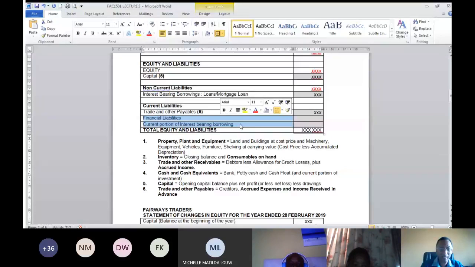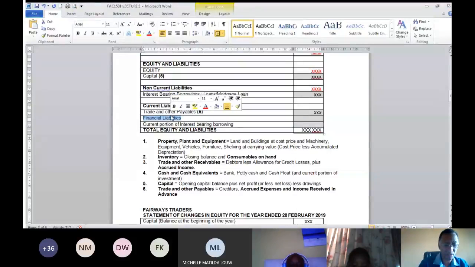Your next category here, guys, will be your financial liabilities, but you can change this to bank overdraft, because it creates a bit of confusion over there. Remember, as far as your bank is concerned, your bank can have a debit balance or a credit balance.